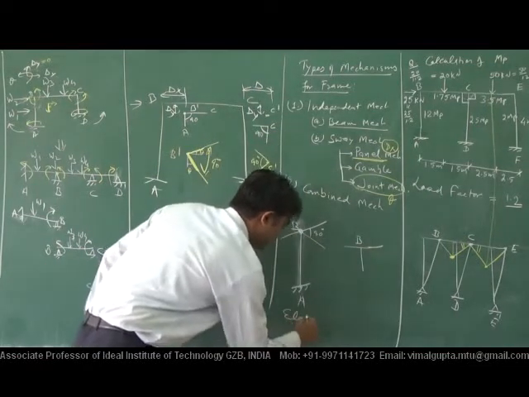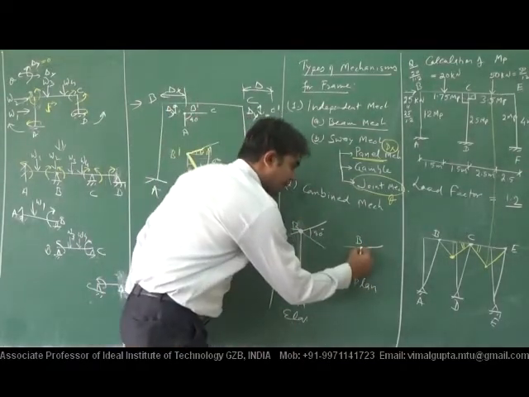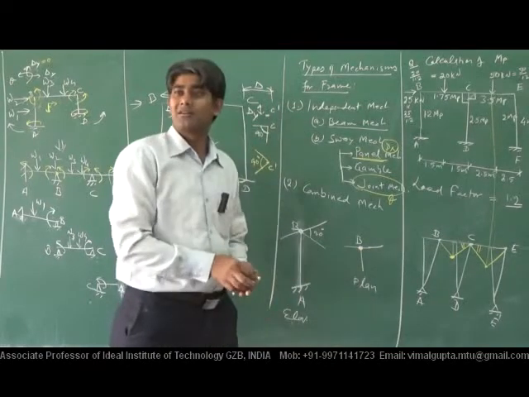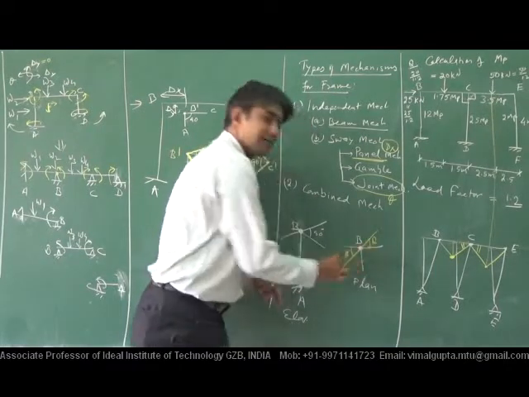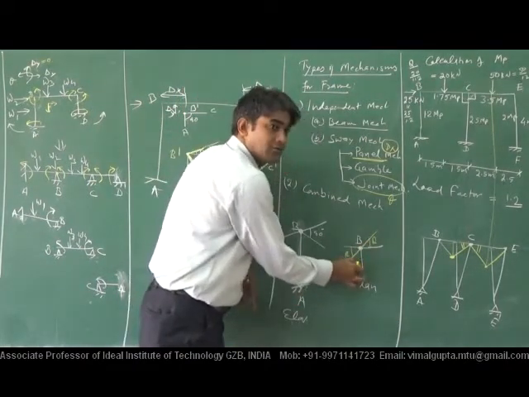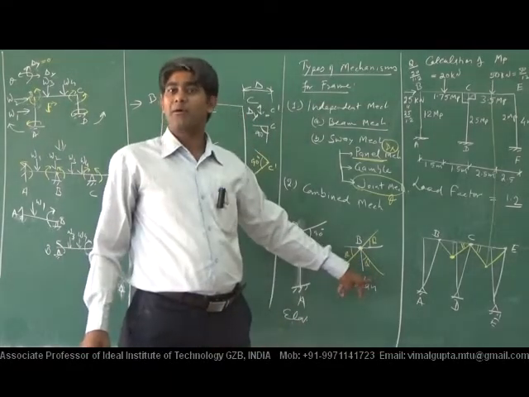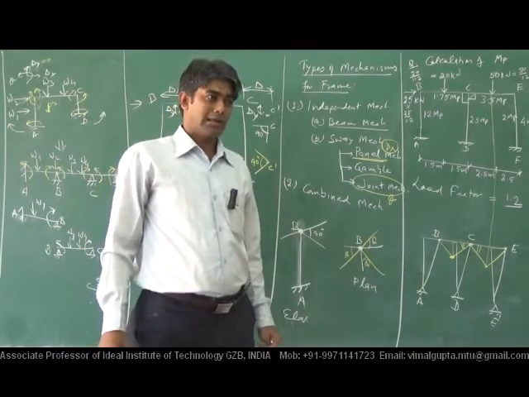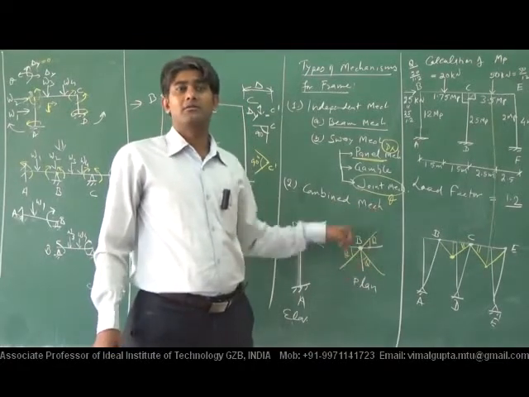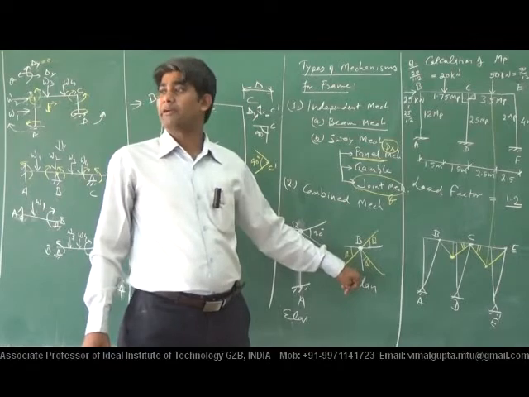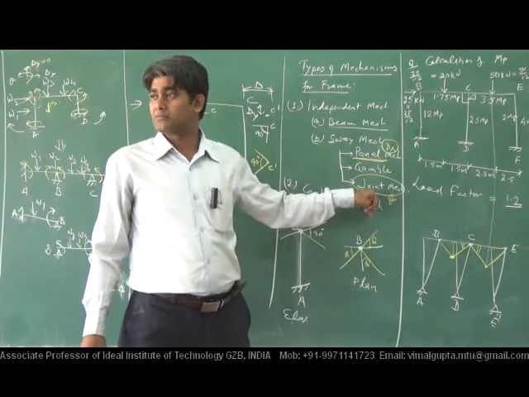This is the elevation and this will be the plan. So if the plastic hinge has been formed here, then it will displace. If this is the rotation, then that vertical member will have to rotate by the same amount, the value of theta. Everybody? That rotation will have the same value, and that is considered under the joint mechanism.